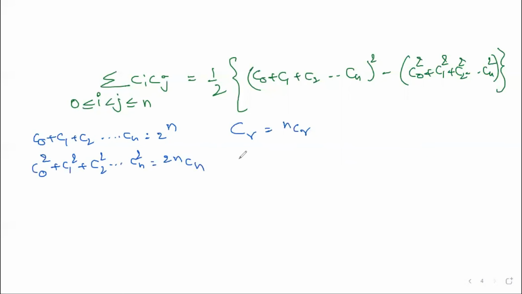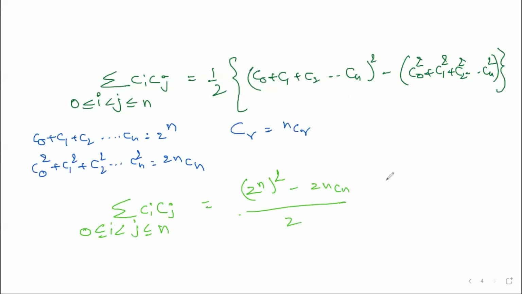So we will be using these two results to find the summation of Ci Cj, where i is less than j less than or equal to n. This is (2^n) whole square minus 2nCn, whole divided by 2. Further, you can write 2 to the power of 2n minus 2nCn, whole divided by 2.